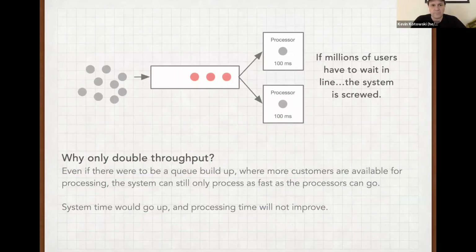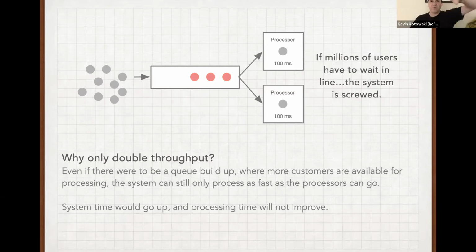Queuing theory in action. And so why would it only be double the throughput? Even if there was a large queue being built up, what happens at the end here is that it's that exit rate that matters.